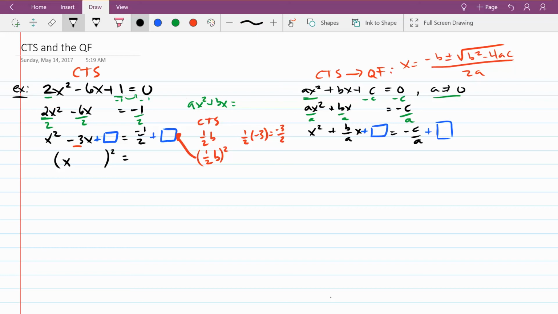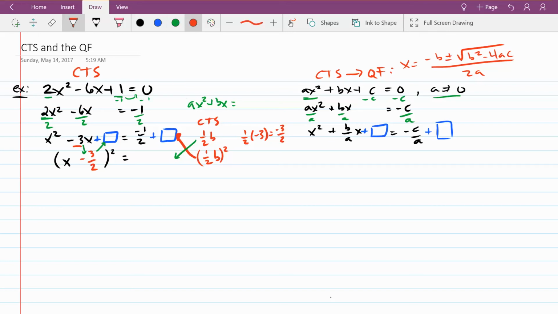So half of b is negative 3/2. I know that that is what will be my perfect square factorization on the left. Okay, so it's almost backwards. We do half of b, that goes here, and then we square it, that goes here. So this goes to the next line, and whatever we get squared goes to the previous line.